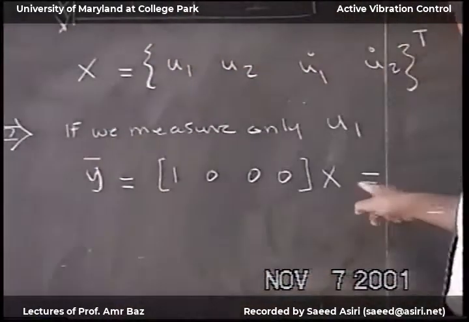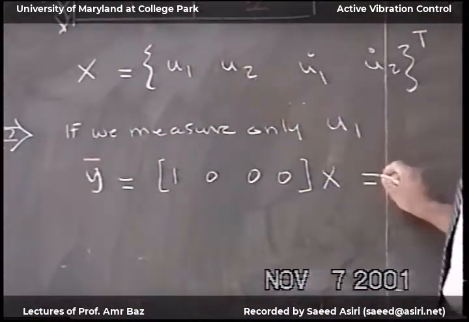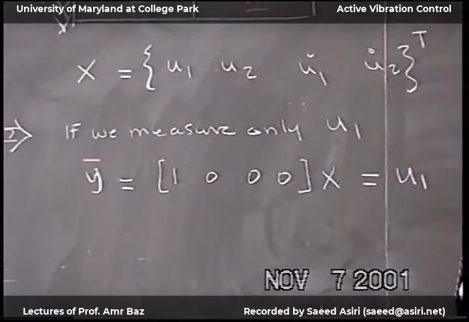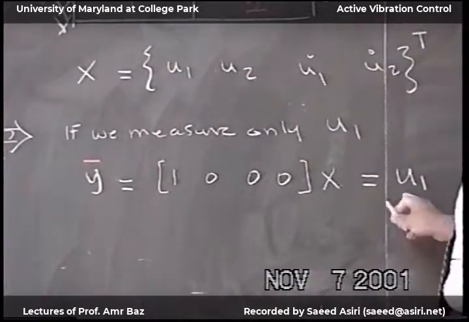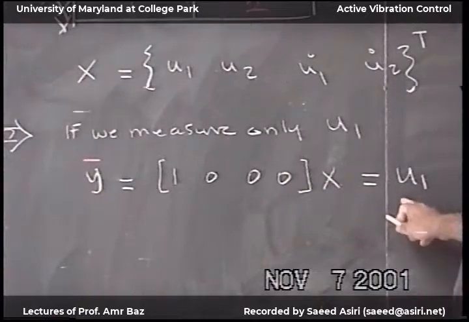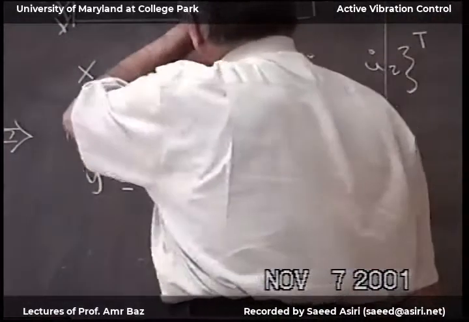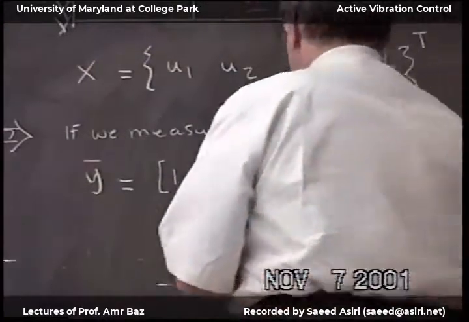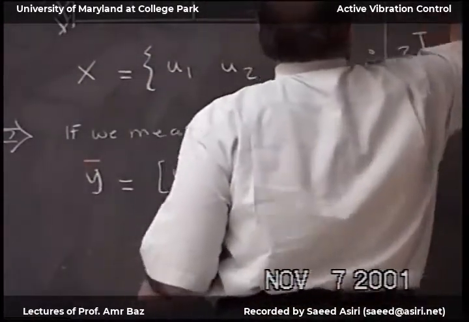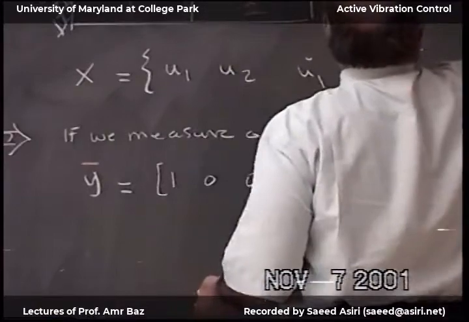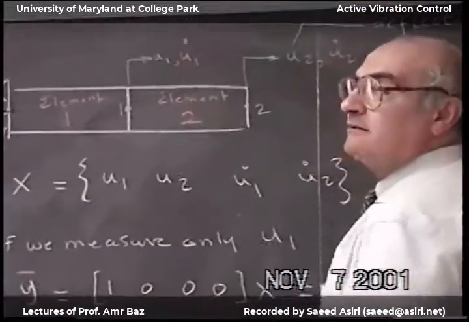Then the output that I'm getting from here is just U1. U is deflection, not control effort. U is the longitudinal deflection.